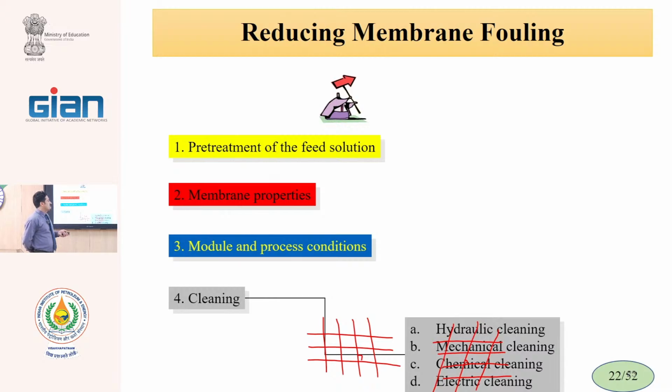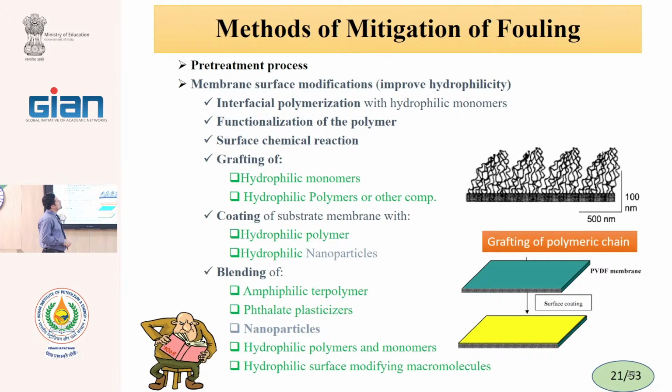Chemical cleanings, we use chemicals such as acid, base, surfactant. Electrical cleaning, in some cases, we have an electrical field outside of the pressure vessel, and induction of the electrical field to the cations and anions reduces the fouling. This is electrical cleaning.